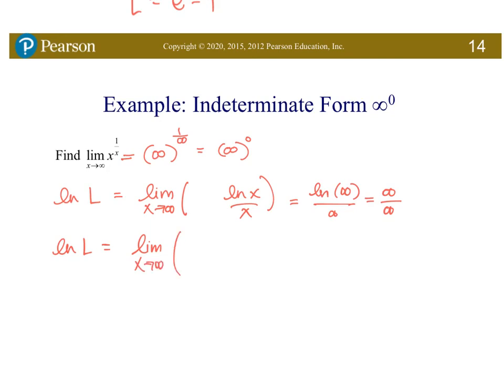So my final L'Hopital is the derivative of the natural log of x, which is 1 over x times 1, over the derivative of the denominator. So it's really just 1 over x. Plugging in infinity, I get 1 over infinity, which is 0. So again, the natural log of L turned out to be 0. So L must be 1.